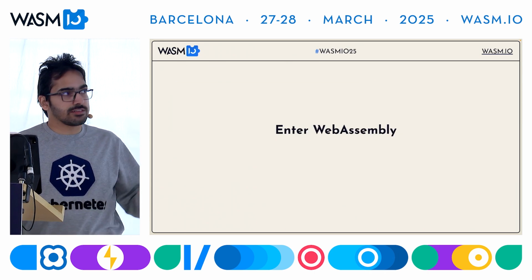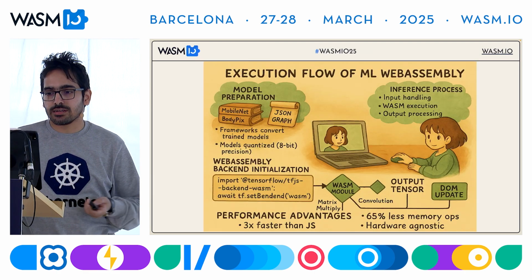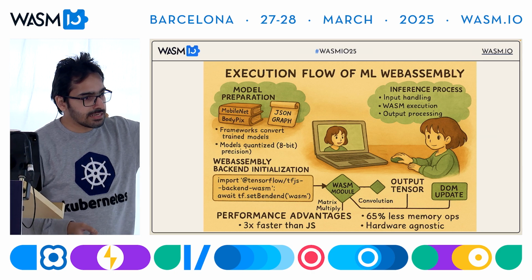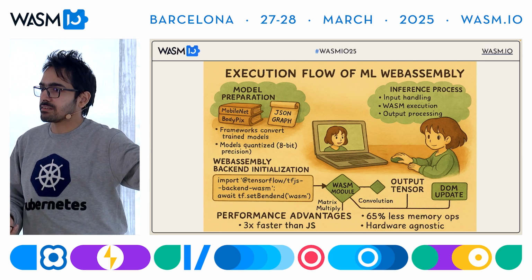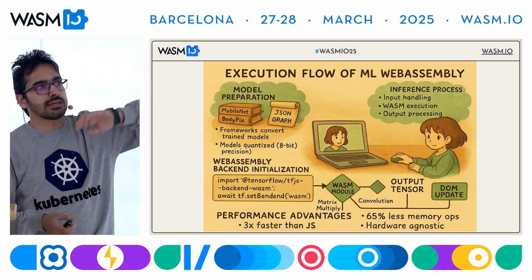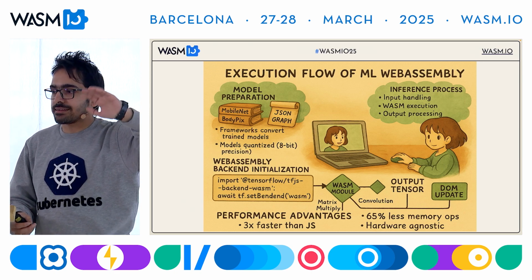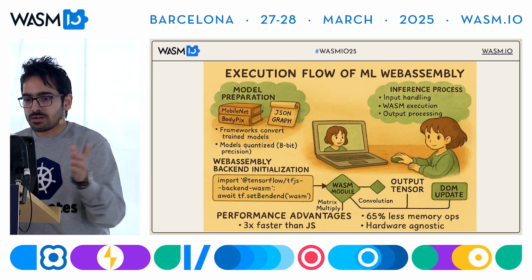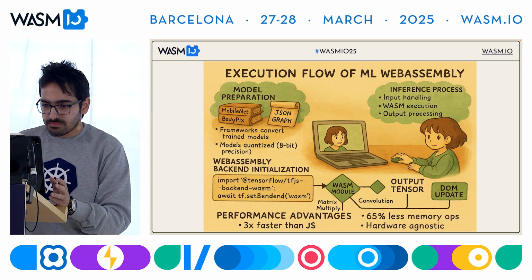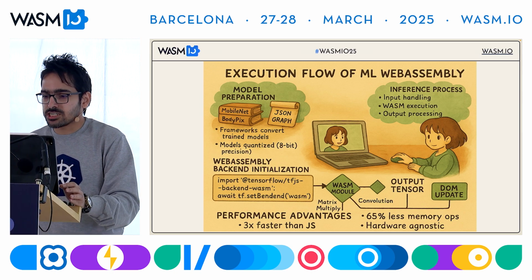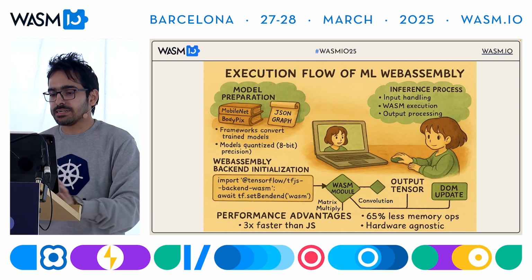Then there is obviously WebAssembly, which is what everyone here at this conference is about. Let's try to understand its flow, but the only thing here is that this works only on the CPU architecture if you only use WebAssembly. So performance-wise, it's a bit lesser than WebGL, but the execution flow is interesting. There are a few steps, starting with model preparation. There's a framework called TensorFlow.js that Shivay will be talking about in more detail later on.